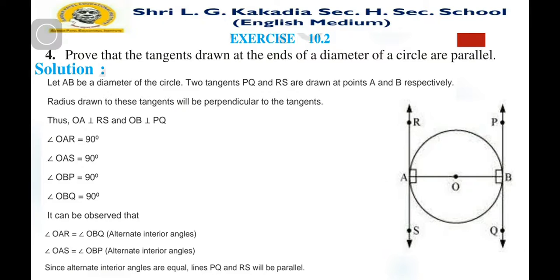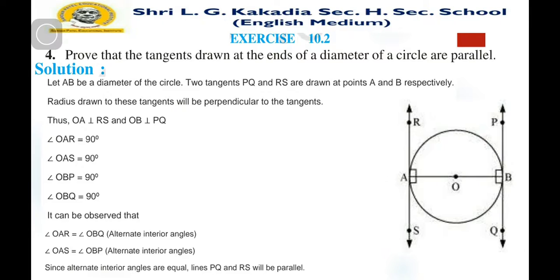So we can say that these two pairs of angles are alternate interior angles. Here these two lines are parallel and AB is a transversal of these two lines. So we can easily say that since alternate interior angles are equal, the lines PQ and RS will be parallel.